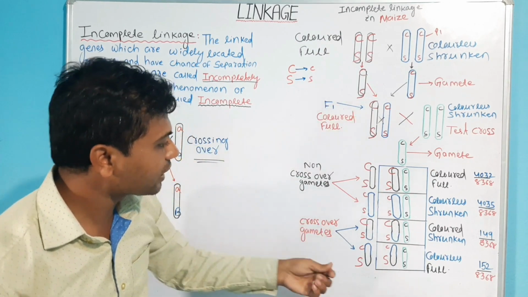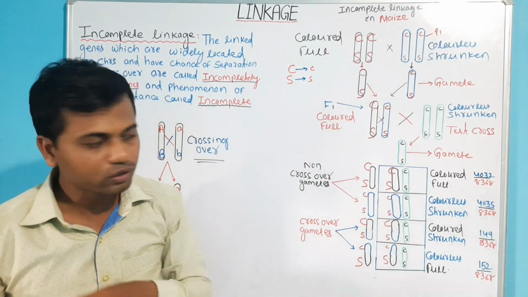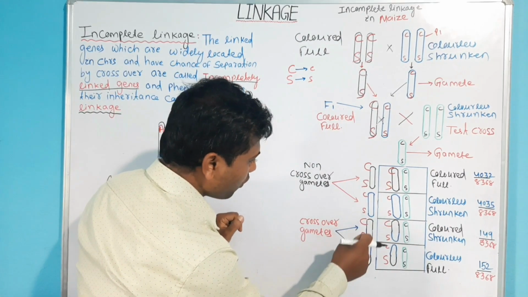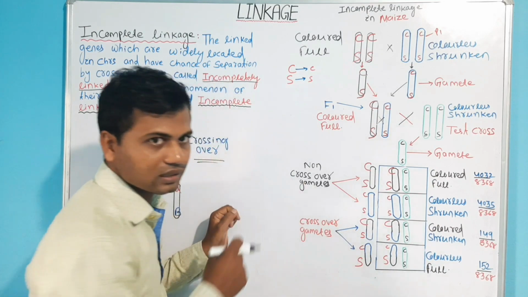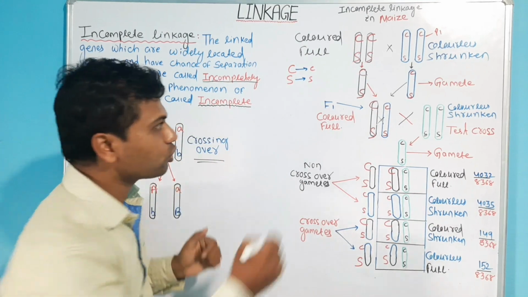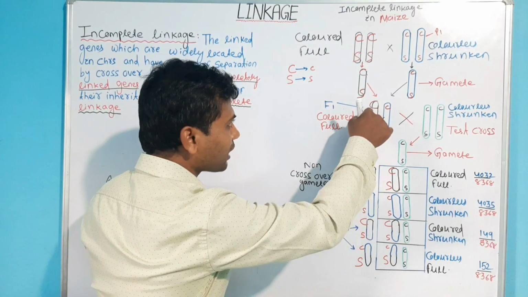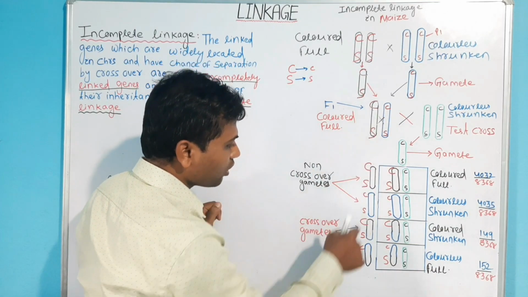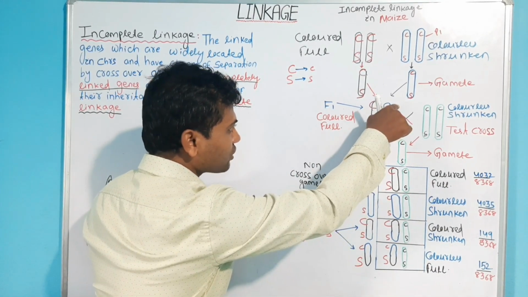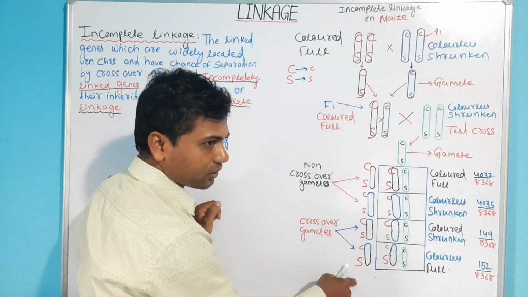In addition, another 2 types of gametes are produced: capital C, small s and small c, capital S. These gametes are produced due to crossing over. Here capital C goes with small s to produce one gamete, and small c goes with capital S to produce the other.